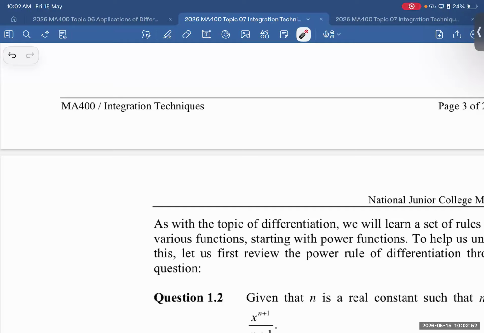So if I integrate x to the power of 6 dx, what's the action? Action number 1, power add 1. Divide by 7, plus c. Power add 1, then divide. Clear so far? Now I will ask you, Xingyu, integrate x power 10. Tell me the answer.